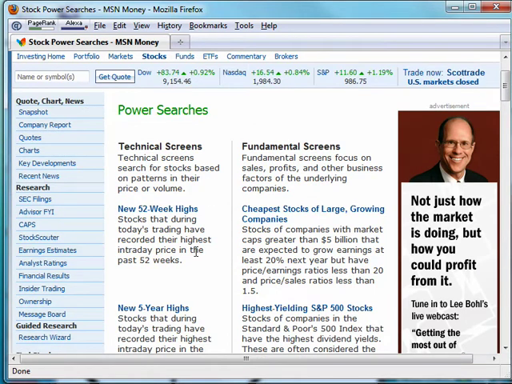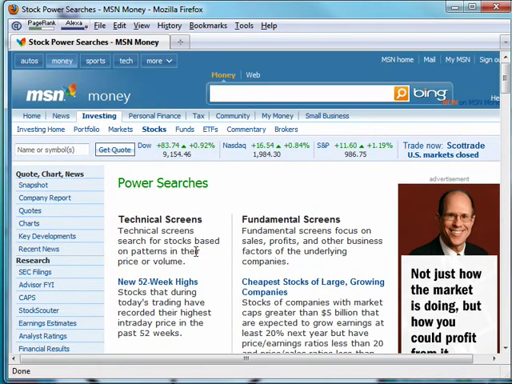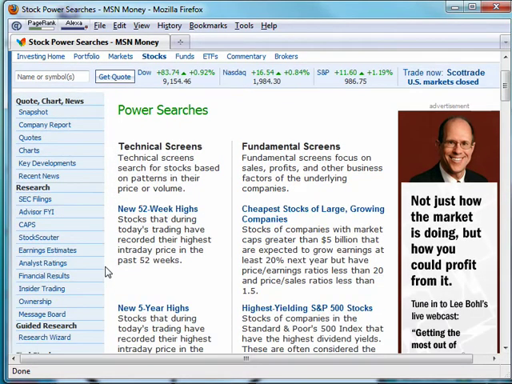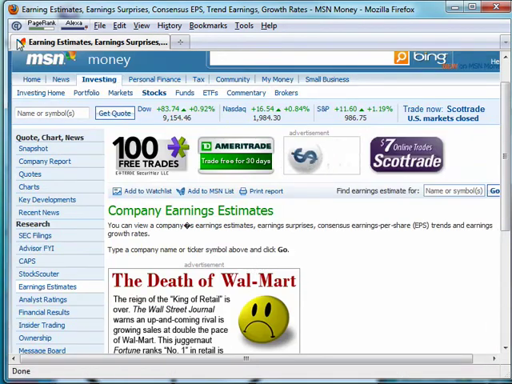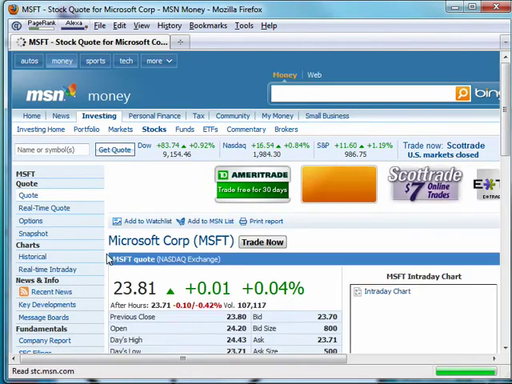Before we get started, one of the advantages of using the MSN screen software is that you get the entire list of tools and information that is available from MSN, and they tend to have a lot more data than a lot of the other stock screening tools. Some of those just give you the basics. For instance, you can click on earnings estimates. Let's pull up a well-known stock, Microsoft.